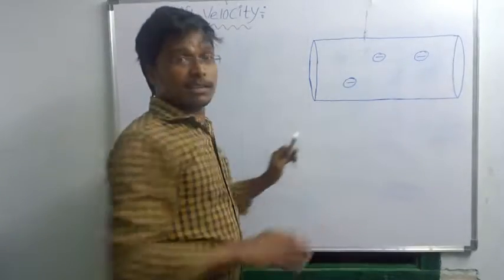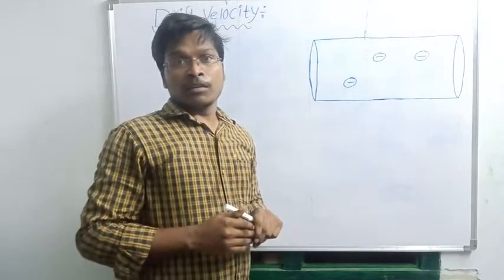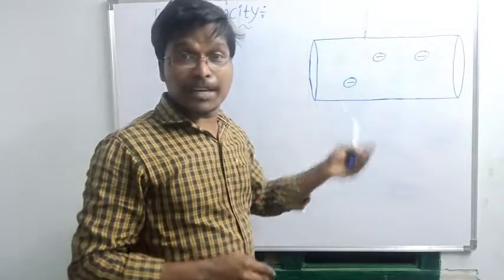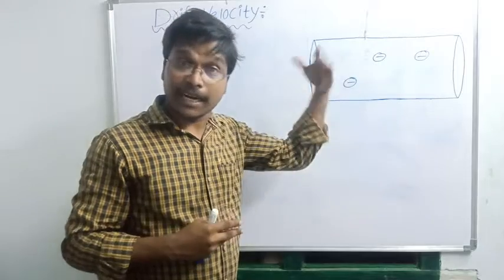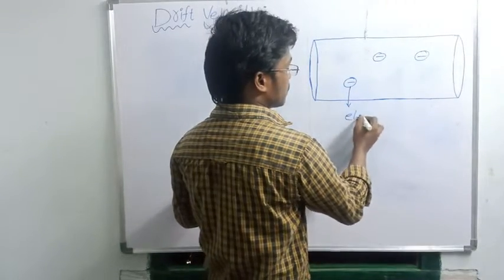We should consider in a conductor only the negative charged particles. What is the name of that negative charged particle in a conductor? Electrons.